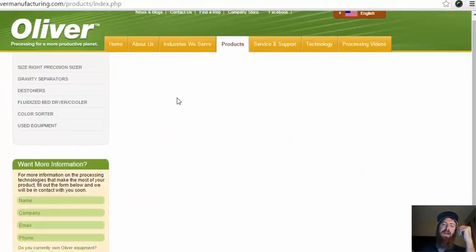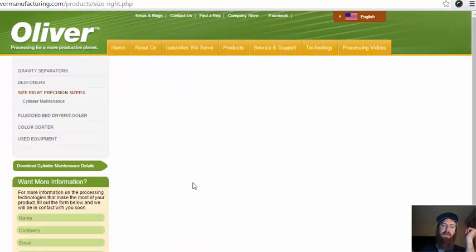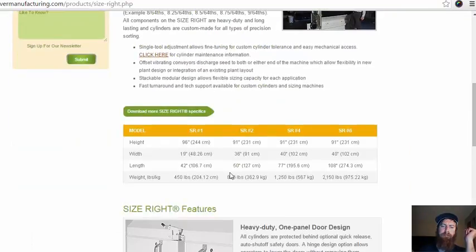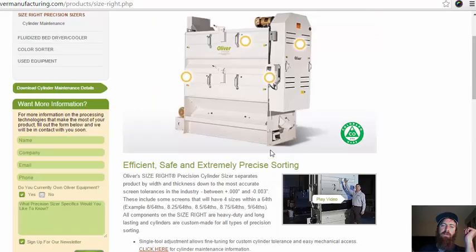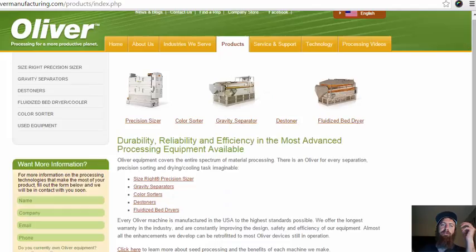Or if they really go into detail about this stuff, and let's see if they will. Yeah, so they have some information here on the product. But if they gave a PDF, that might be nice. So you always want to be able to give information.